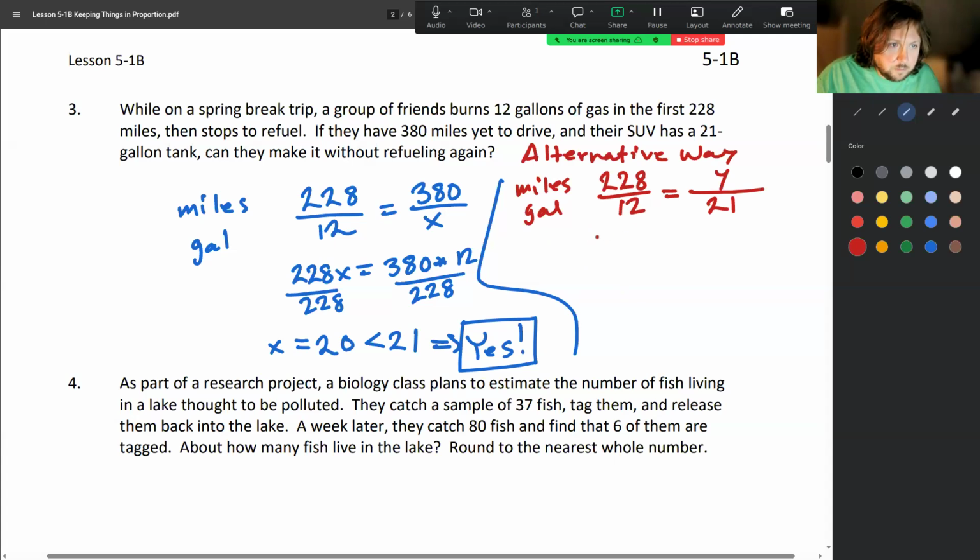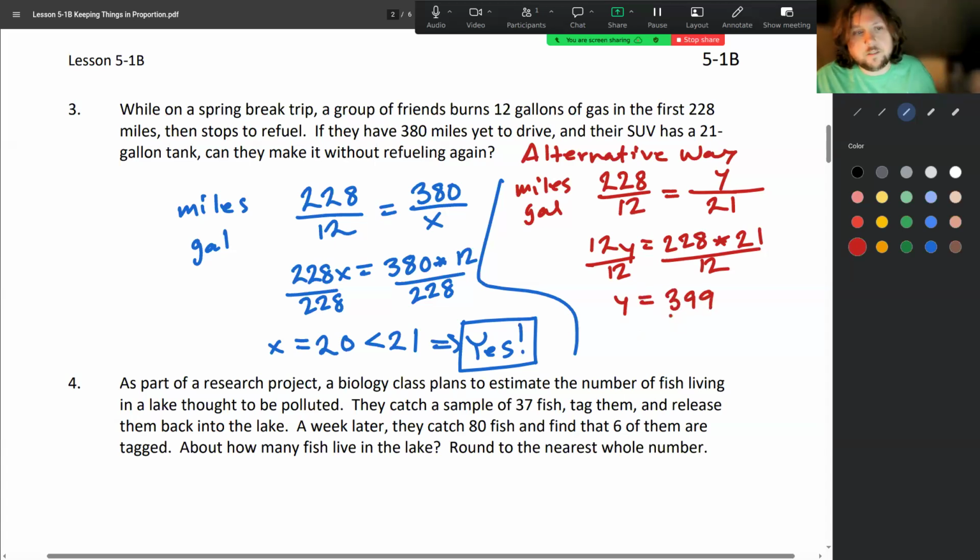So we still cross multiply, but now we're going to have 12y equals 228 times 21. Divide that by 12. So then we get y is what? So I get exactly 399.